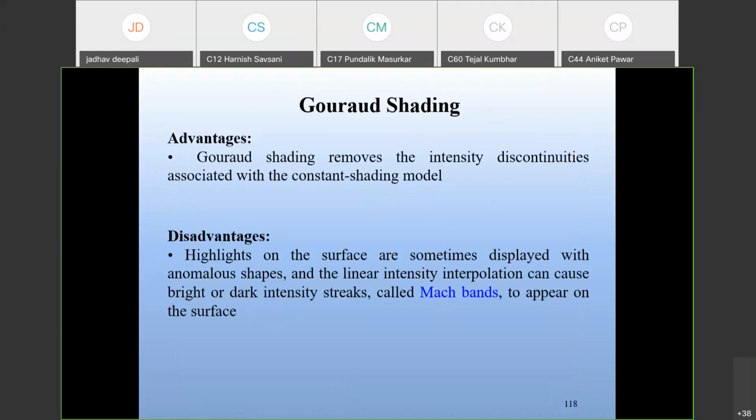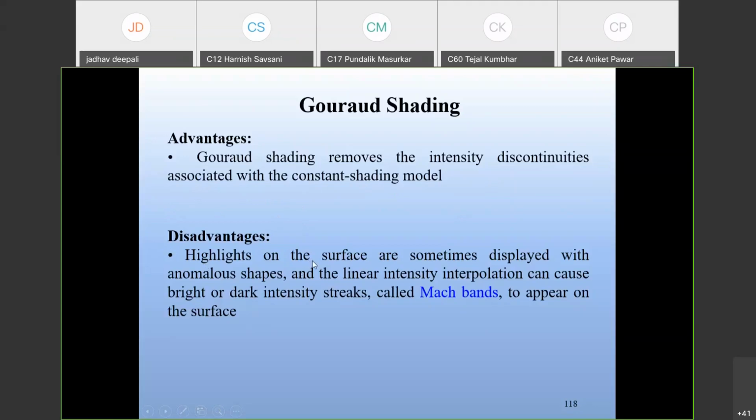So what are the advantages and disadvantages of Gouraud shading? Gouraud shading removes the intensity discontinuities associated with the constant shading model. In constant shading, we are not considering the scan lines, whereas if there are multiple polygons, Gouraud shading also considers the common vertices. Now the disadvantages.